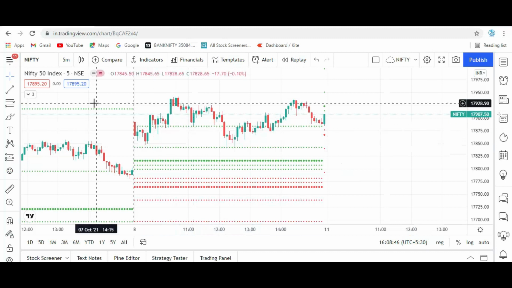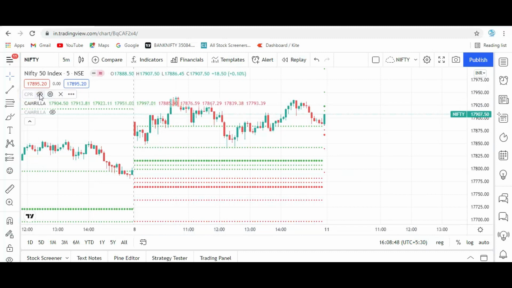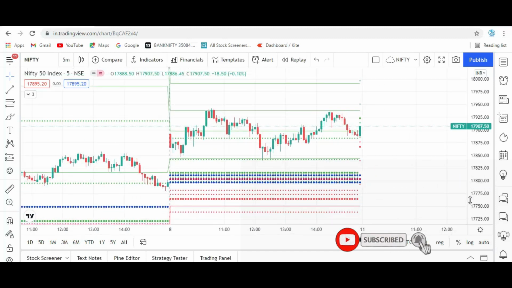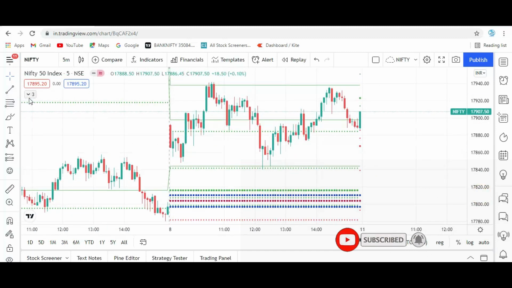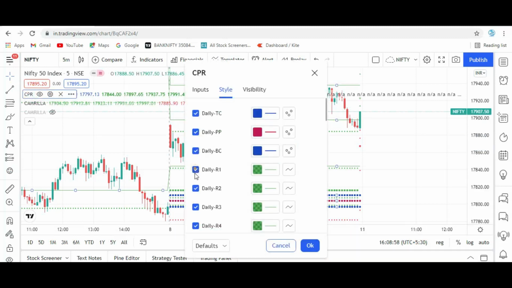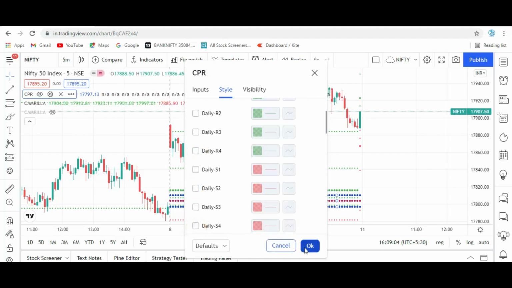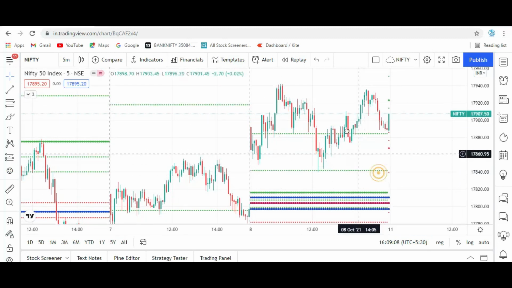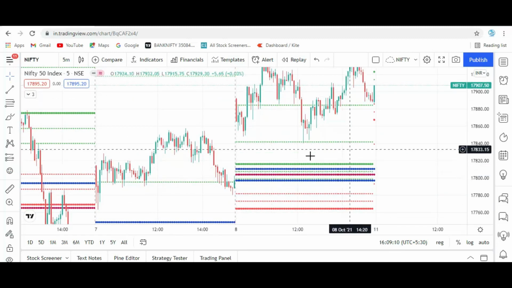If you add the CPR indicator, then you will see more support levels. But we have turned off the other levels, like R1 and S1. This is the CPR, near the H3.